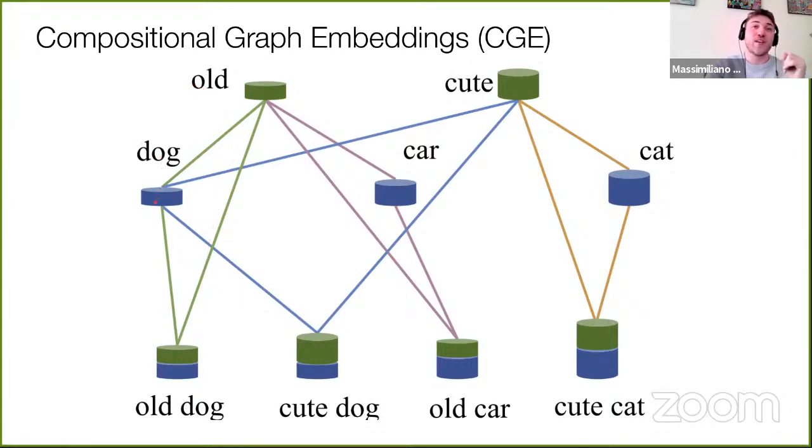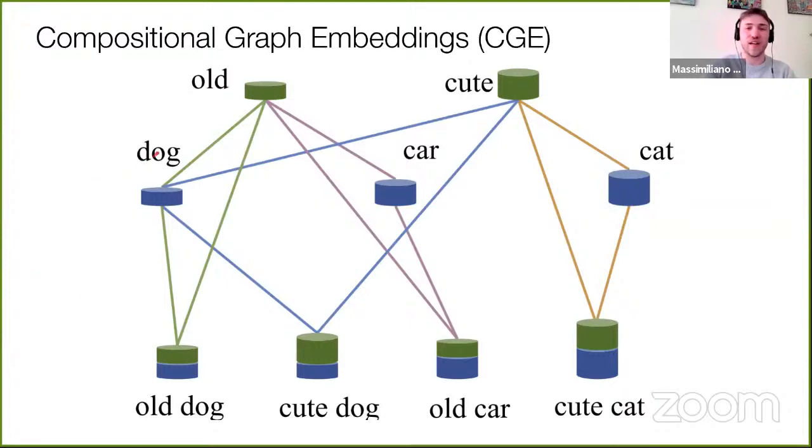Also, we can connect dog to old dog, because it's given. The primitives are connected with every composition they build. And this enforces that some feedback flows from seen to unseen compositions.